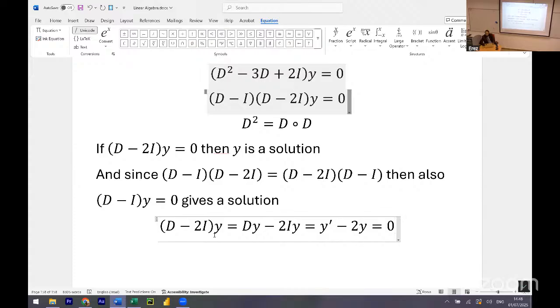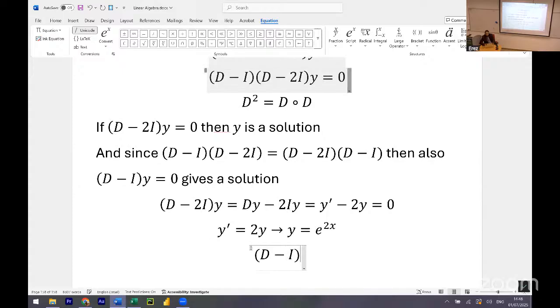But that you solved easily. What does it mean that y prime equals 2y? What is the solution? E to the 2x, right? And if we have D minus I y equals 0, this means that y prime minus y equals 0, y prime equals y, that gives us e to the x.